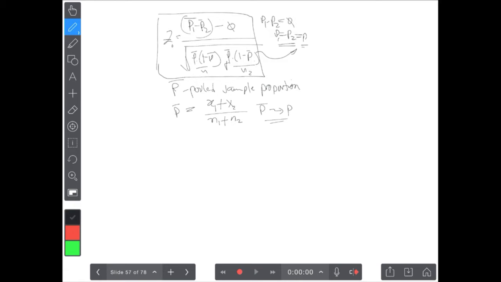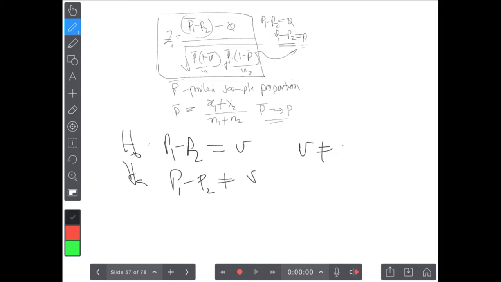So in this case, if we have HA, if p1 minus p2 is equal to some value, and p1 minus p2 is not equal to that value, where that value is a non-zero value. So for example, if we say p1 minus p2 is equal to 2%, in other words, the difference between them is 2% versus the difference is not 2%. So now 2% is not 0, all right?